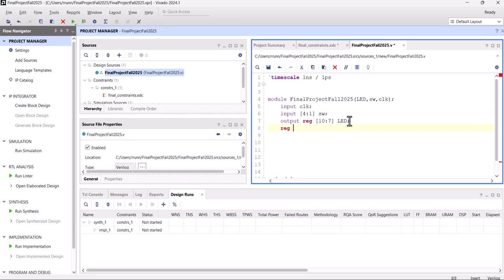We had 9 states, and with 9 states we need at least 4 bits. So we're going to have reg 3:0 current state and next state.